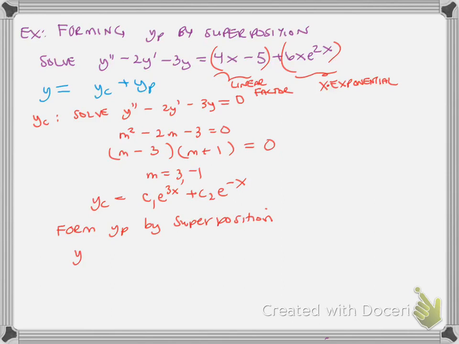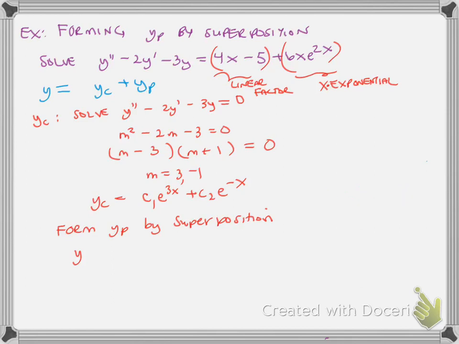Don't write this down, but let's say we have a repeated root, m is negative 1, with multiplicity 2. Then our final answer, if you recall, is c sub 1 e to the negative x plus c sub 2 x e to the negative x. So we sort of build up into that. We're going to have to do the same thing when we form this by superposition.